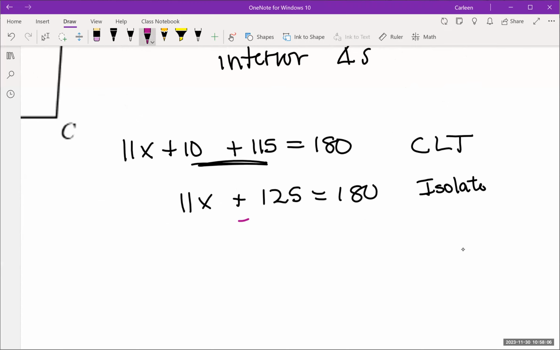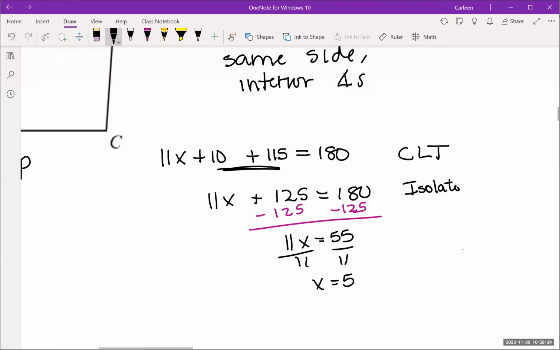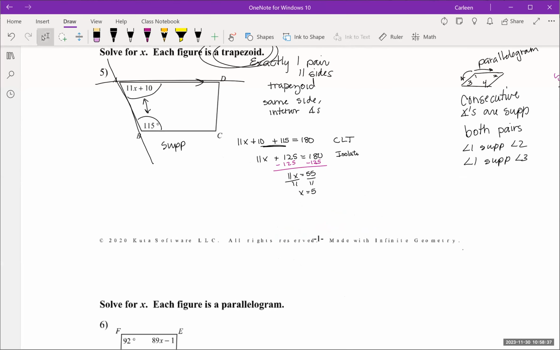You were ahead of me. Subtract 125 from both sides. 11x is equal to 55. Did I subtract that right? Divide by 11. X is equal to 5. Okay, let's practice. I think you're going to see that it's not that bad.